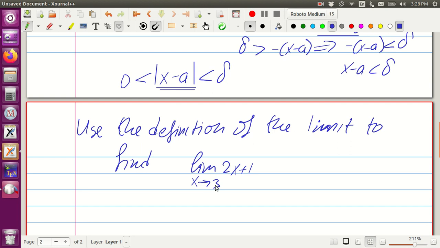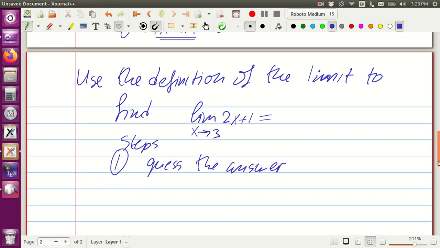So let's try to solve this problem. The first step: you have to guess your answer. So how do you guess the answer? You take x equals 3 and you plug it into the function and see if it's going to work. And if it's going to work, then it will be fine for us. And this idea will be very crucial to us in the future.